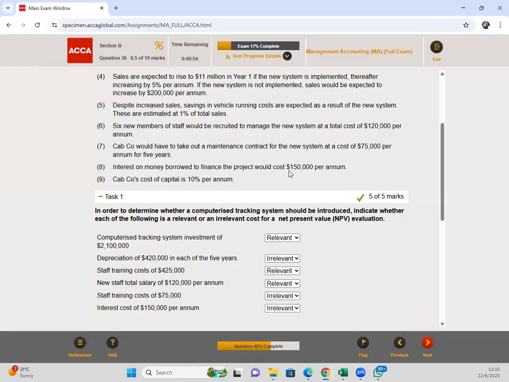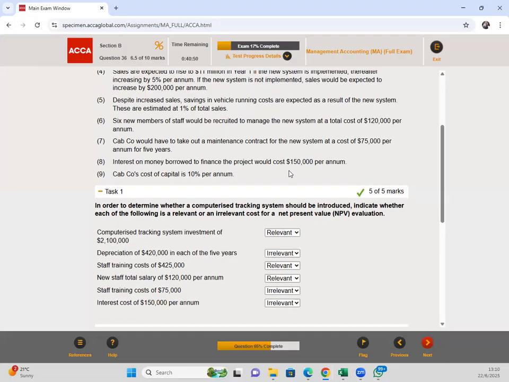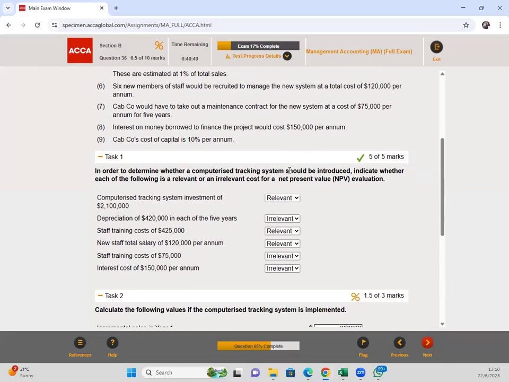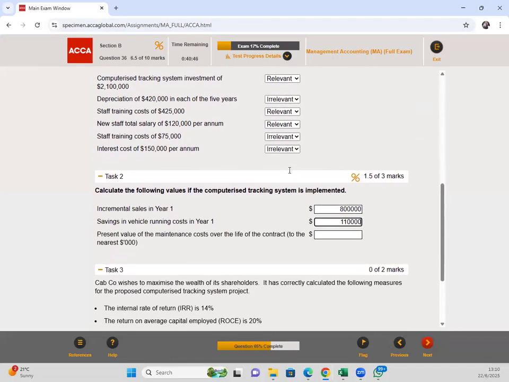$75,000 for 5 years. Then the question is saying, present value of the maintenance over the life of the contract to the nearest 000. Okay.